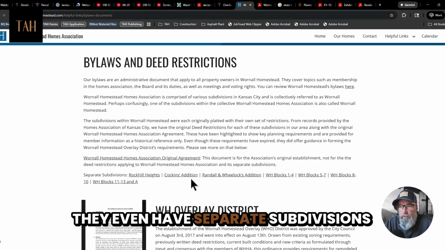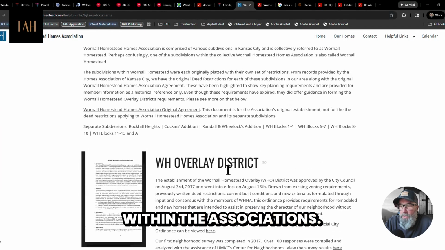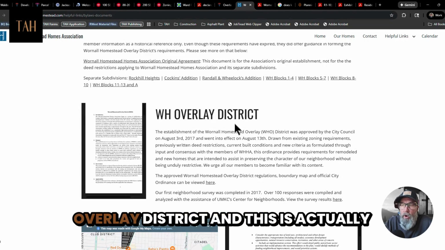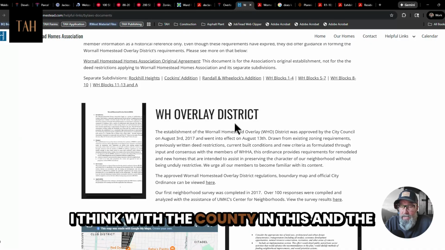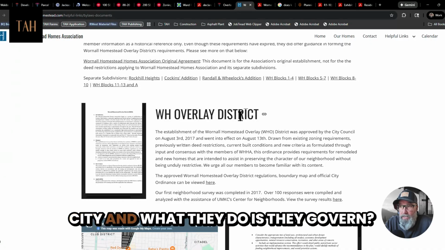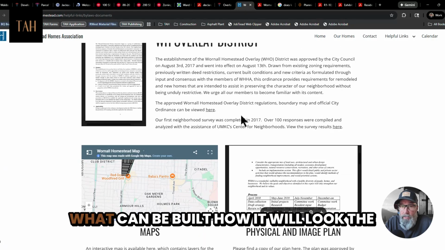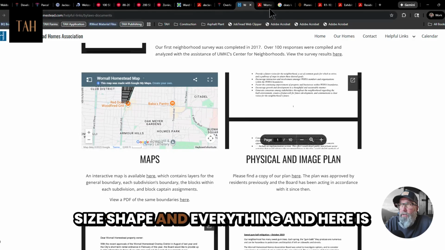They even have separate subdivisions within the association. And they have what they call the Warnell Homestead Overlay District. This is actually recorded, I think, with the county and the city. And what they do is govern what can be built, how it will look, the size, shape, and everything.